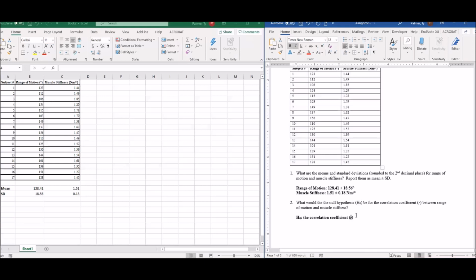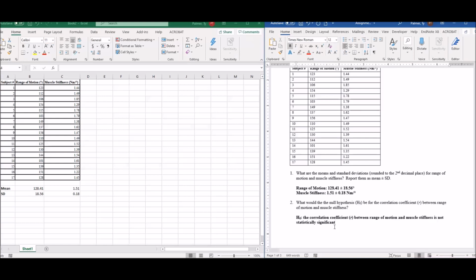Again, with this lowercase r, the symbol, it needs to be italicized. That's the symbol that represents the correlation coefficient. The correlation coefficient between range of motion and muscle stiffness is not statistically significant. Okay, so basically what I've done is just expanded upon what the PowerPoint stated.